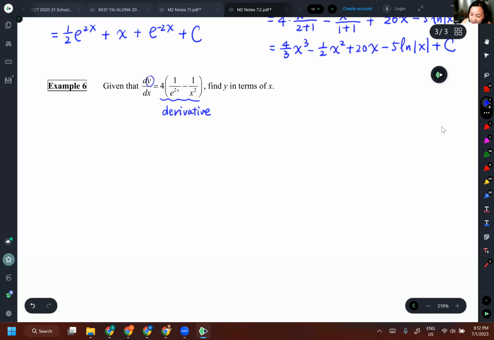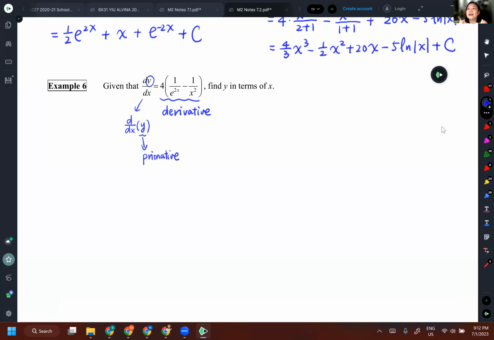Y appear here. So on the left, you have d dx y, right? That means y is the primitive. I hope you understand what it means. So here y is the primitive function. So to find y means to find the primitive.